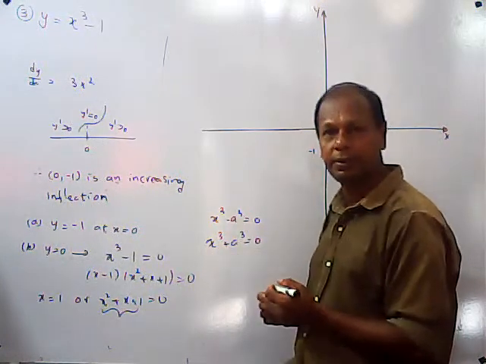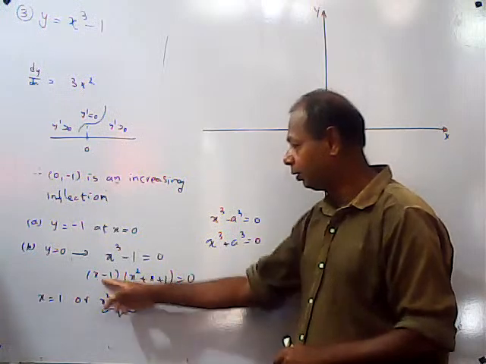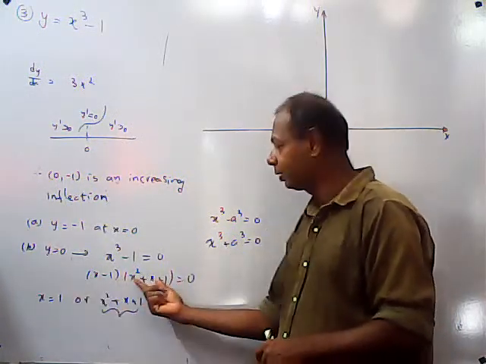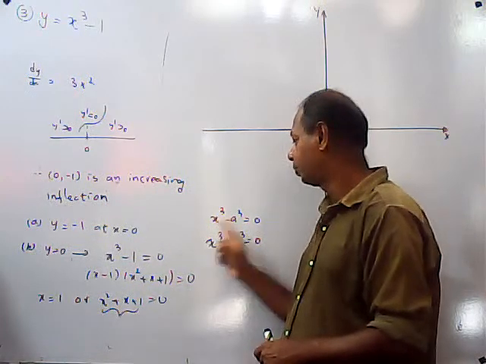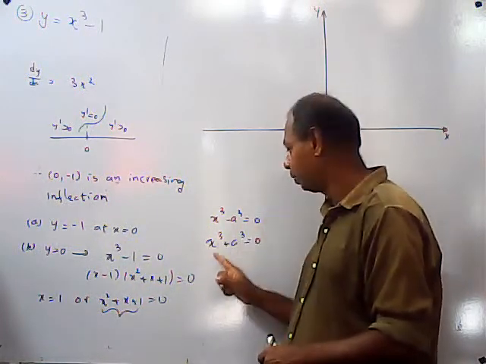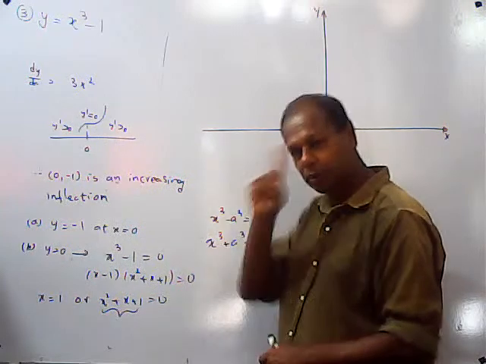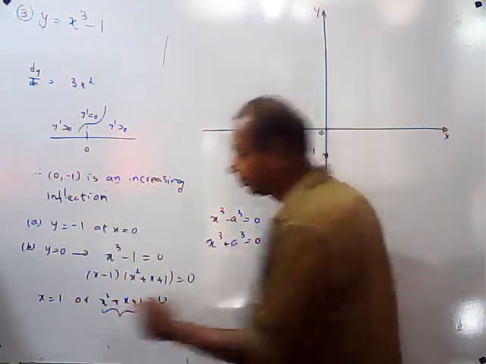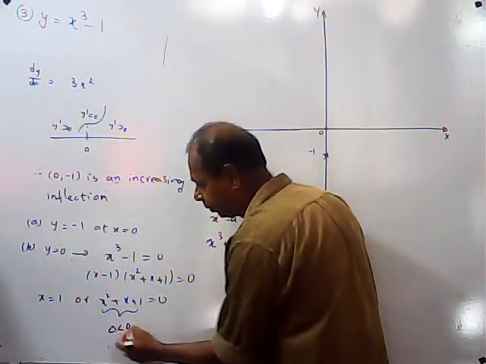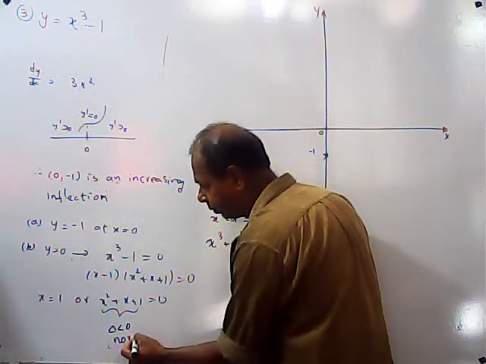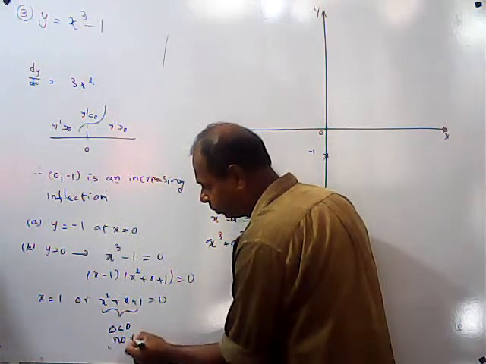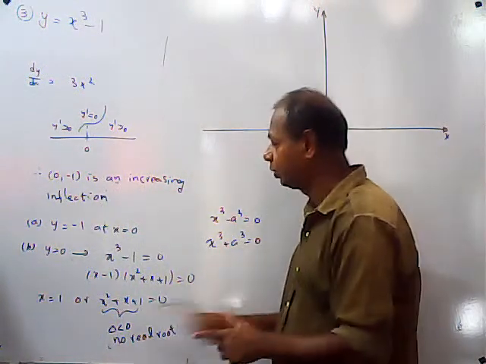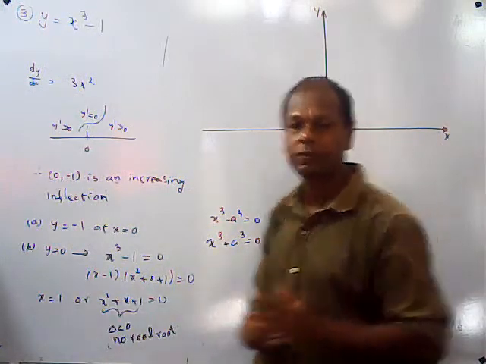These have only one real root, right? When you factorize them, this gives a real root, but not this. You get only one real root. This part has no real roots. Therefore, x equals 1 is the only solution.